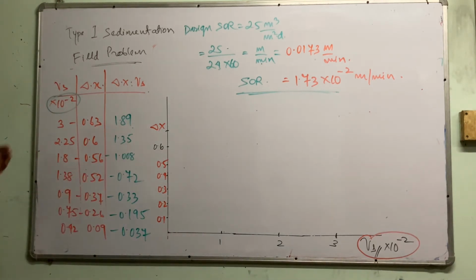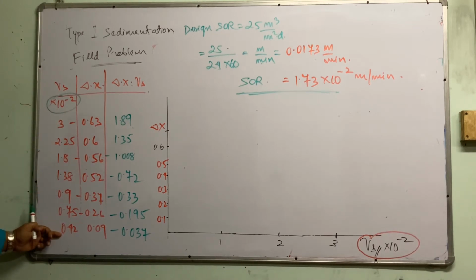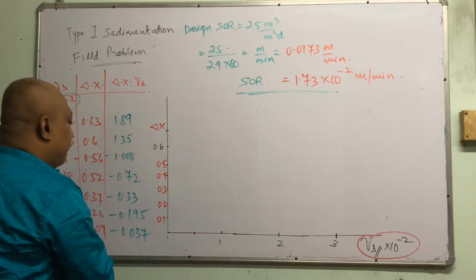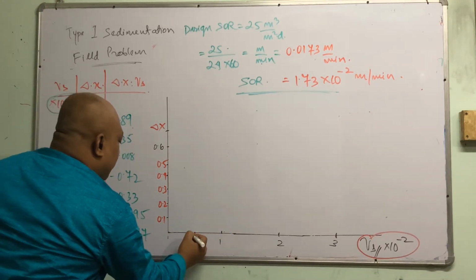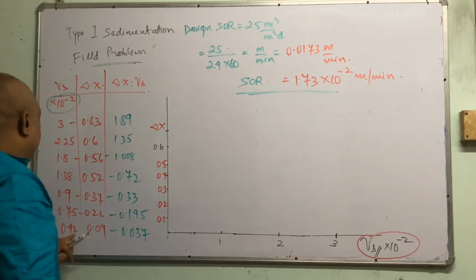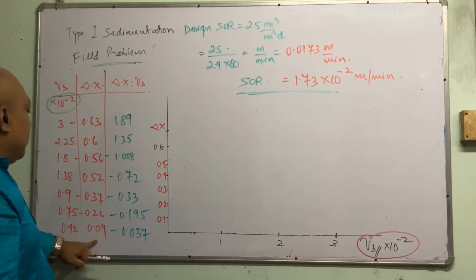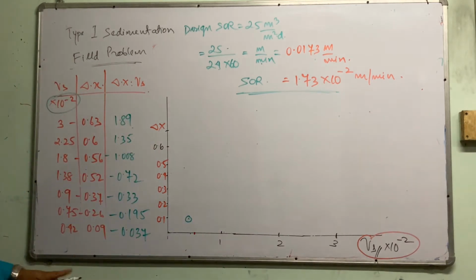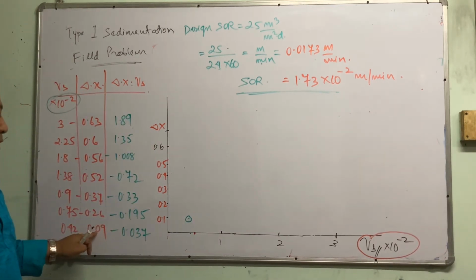The first one is when the settling velocity, let's make it from here, is 0.42. 0.42 means this is 1, this is 0.4, 0.5. So 0.42 maybe approximately, and the value is 0.09, so something around here. Almost 0.1.